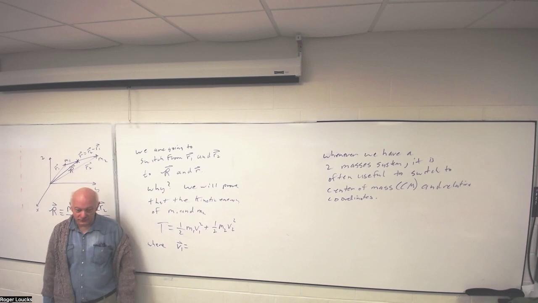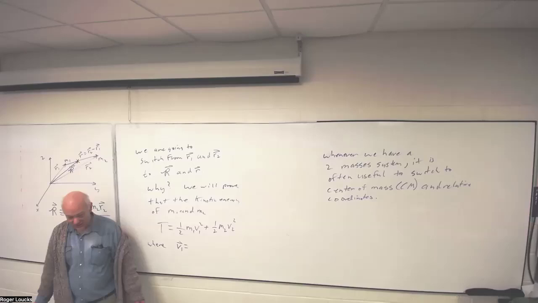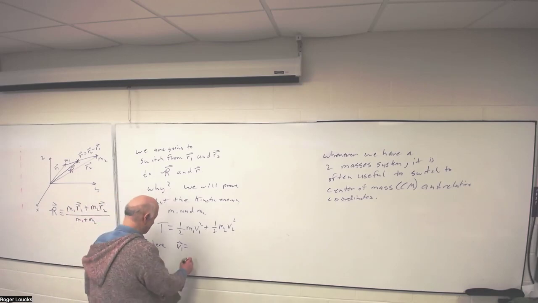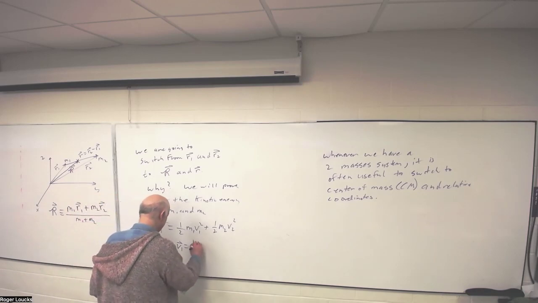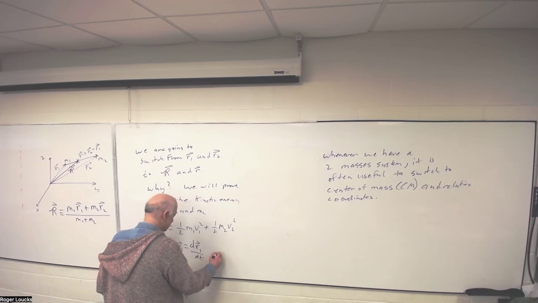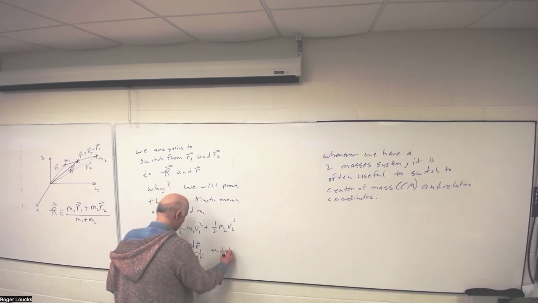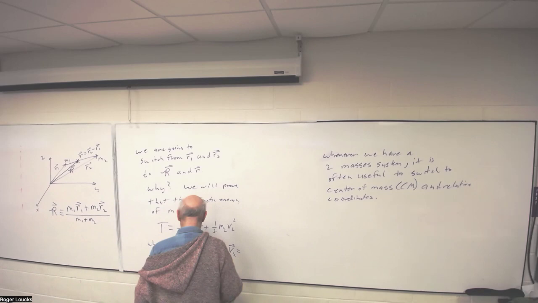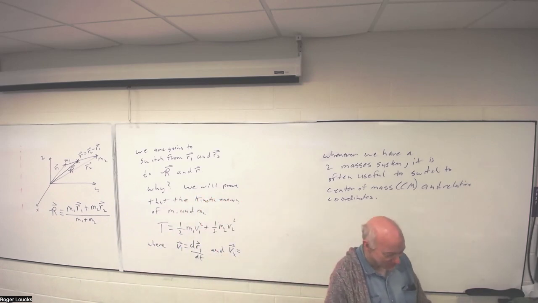How do you get a velocity from position? Oh, the derivative. What kind of derivative? A time derivative. Yeah, right. So this is dR1/dt. And V2 is what then? Thank you.